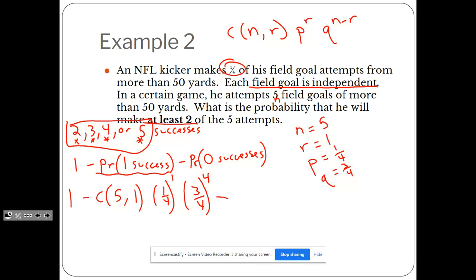And then you can subtract out 0 successes. So 5 choose 0, so R would be 0 now. And then everything else, you've got 1/4 for P. Number of successes, 0. 3/4, number of failures would be 5.